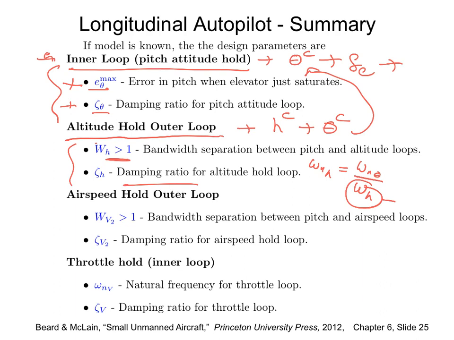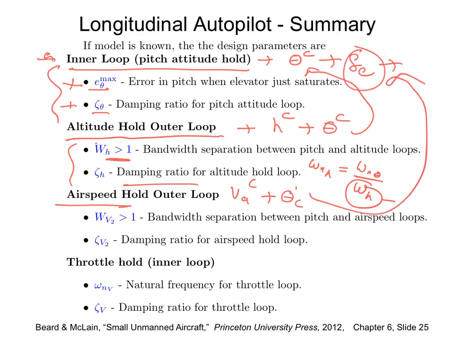Again, this is one more outer loop. Here we are trying to control airspeed using theta, VA commanded using theta commanded. Once again you will call this loop, which will give me delta E. The design parameters again are a bandwidth separation and a damping ratio, which will give you Kp and Ki gains for this.